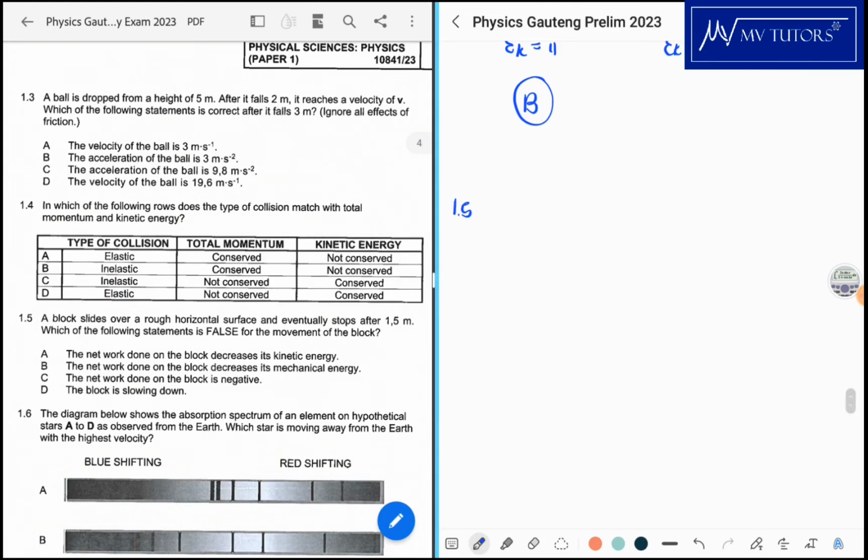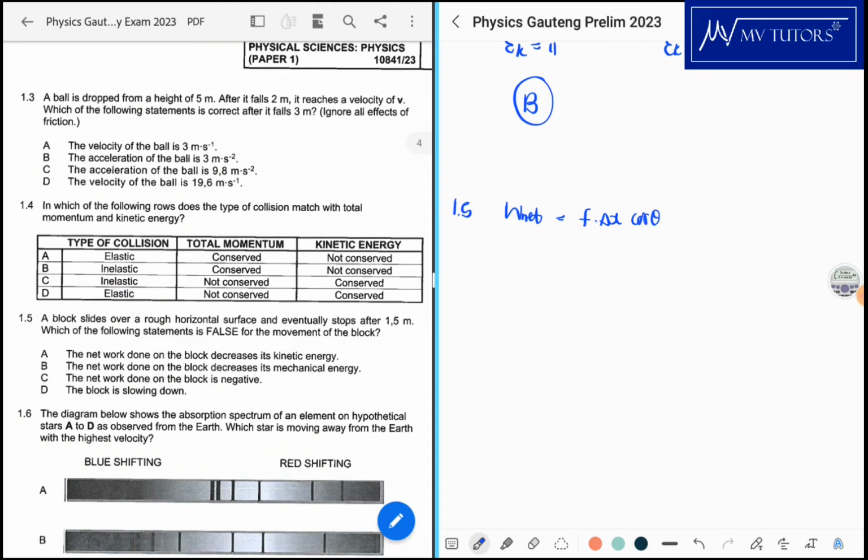And 1.5, a block slides over a rough horizontal surface. So there's friction, and it eventually stops after 1.5 meters. Which of the following statements is false for the movement of the block? The net work done on the block decreases its kinetic energy. Okay, so they're talking about net work. We know that net work is equal to force times displacement times cos theta.